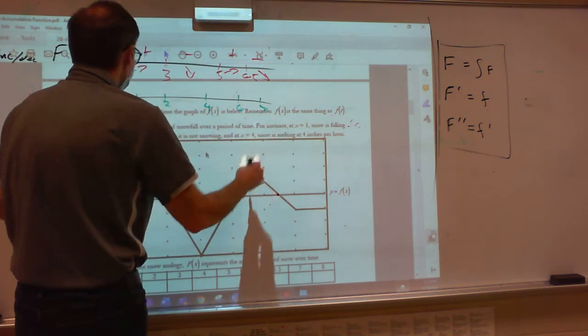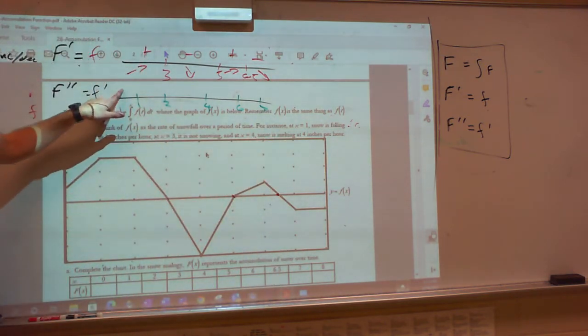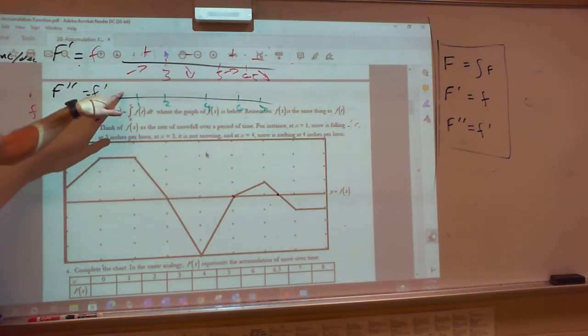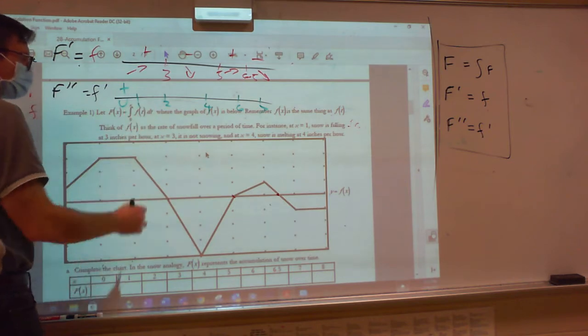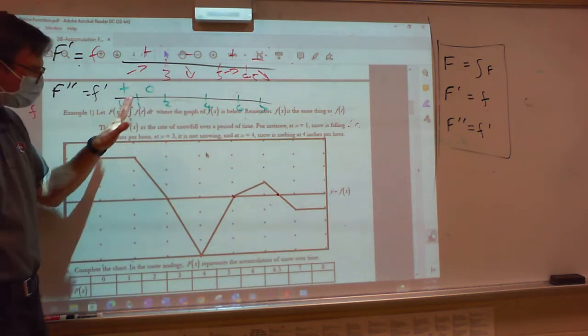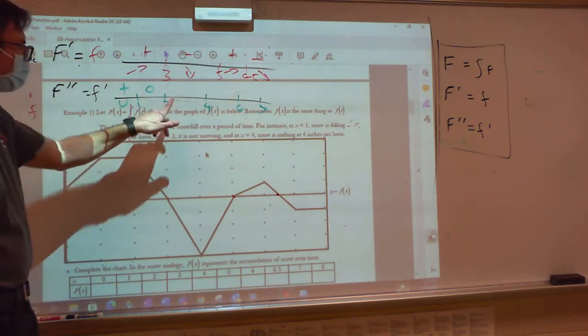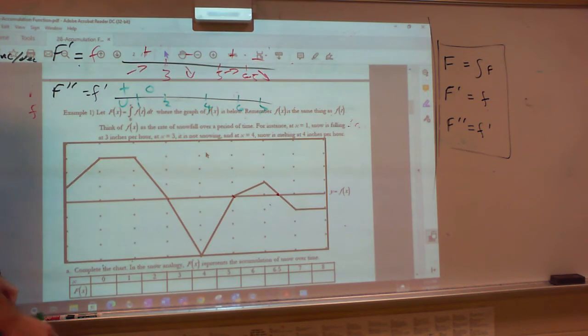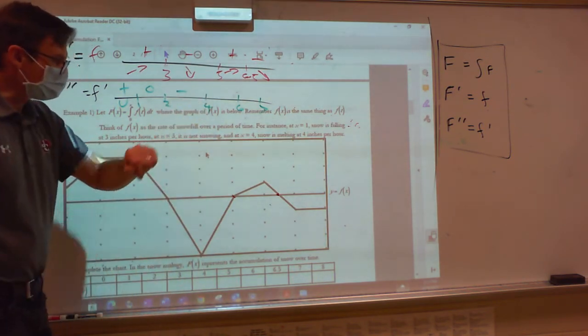Okay, and then 7. All right. The slope of f, is it positive or negative here? It's positive, so we get a happy face. The slope here is 0. I'll talk about that later. It's not happy or sad, it's just flat. What's the slope from 2 to 4? Is it positive or negative? Negative. What's the slope from 4 to 6?